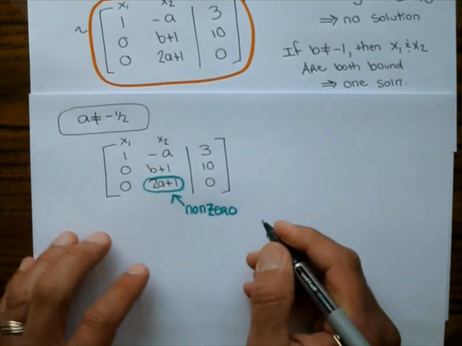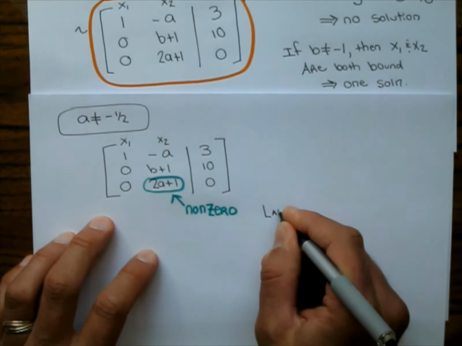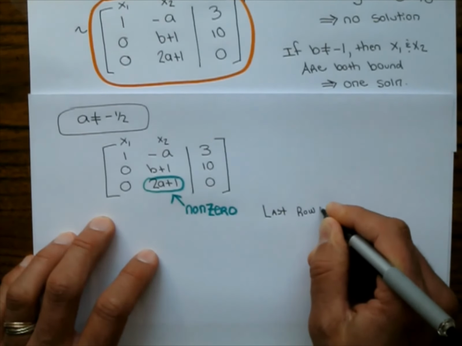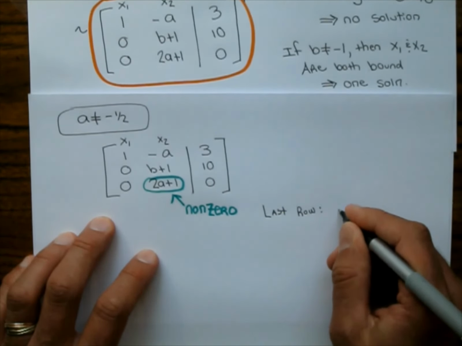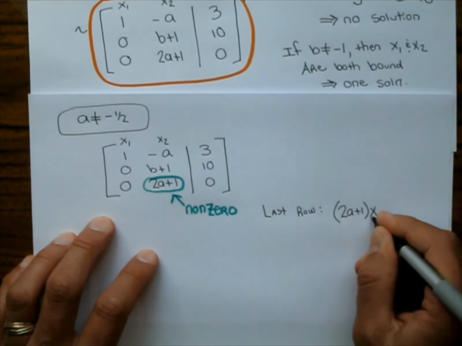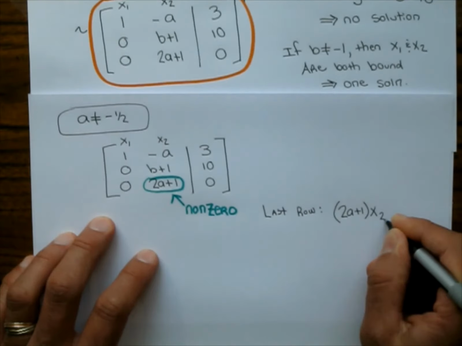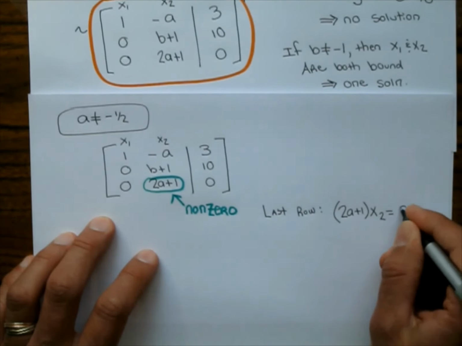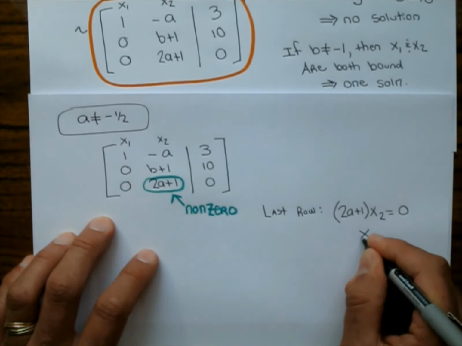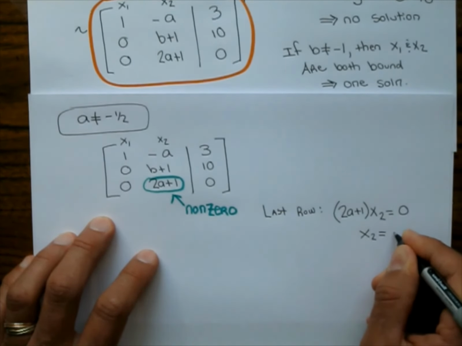So from the last row, we have the equation 2a plus 1, that's the coefficient, x2 equals 0, which means that x2 is 0.